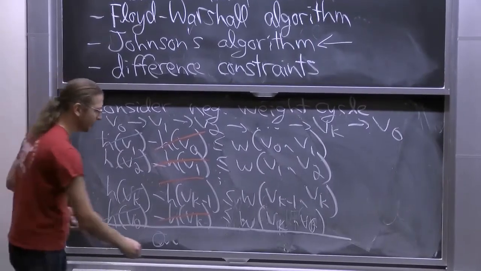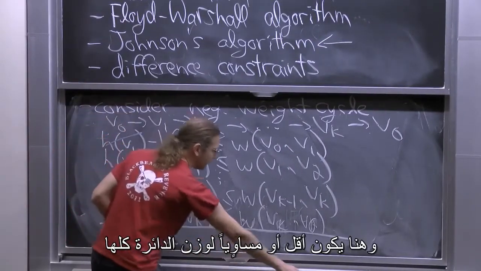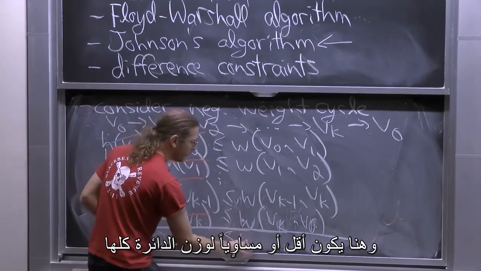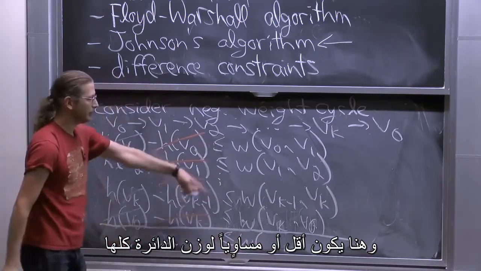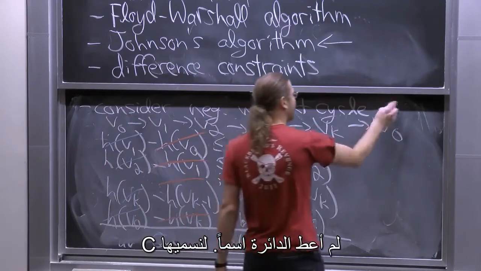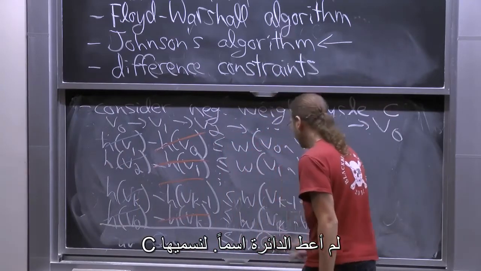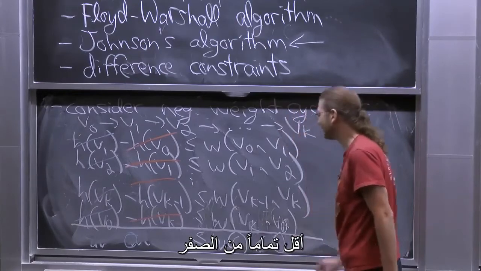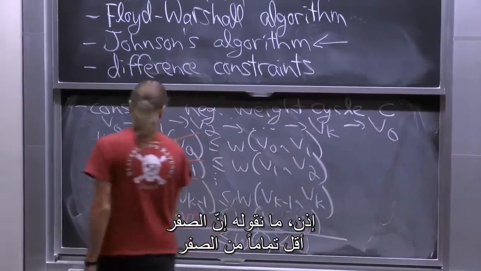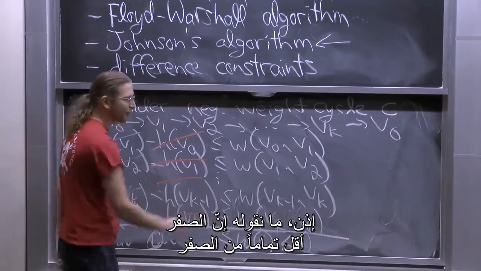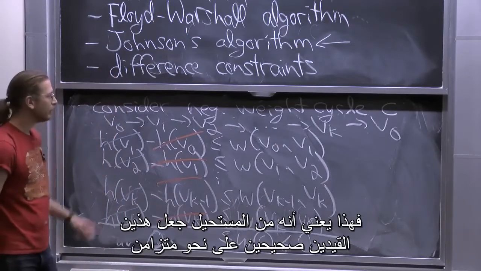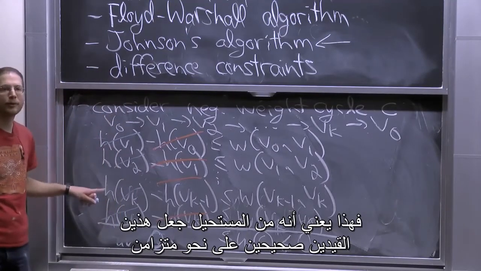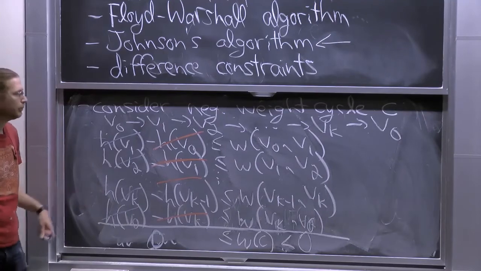Everything cancels. And then over here, I have less than or equal to the weight of the whole cycle. I'm just adding up the weight of the cycle. I didn't give the cycle a name. Call it C. Now, the cycle has negative weight, so this is strictly less than 0. And so we're saying that 0 is strictly less than 0. That's not true. So that means there's no way to get all of these constraints simultaneously true. OK? Proof by contradiction.